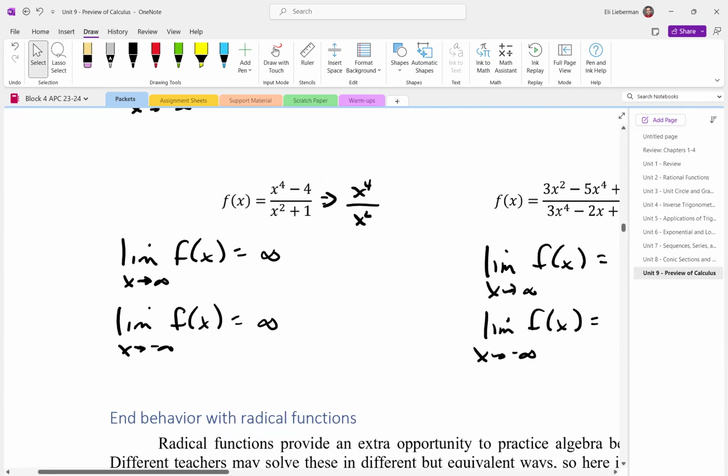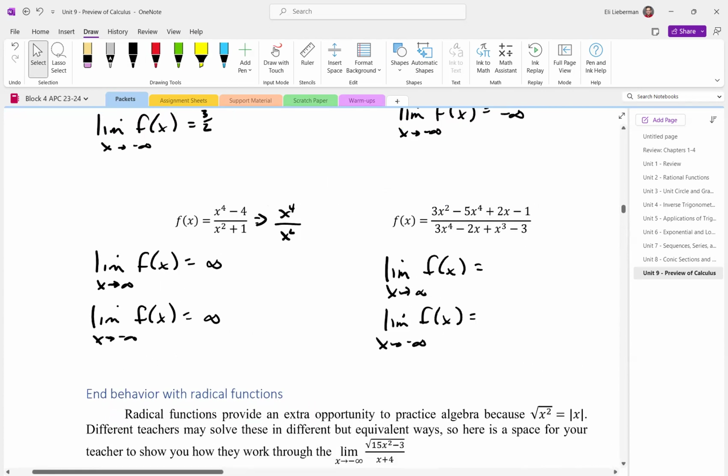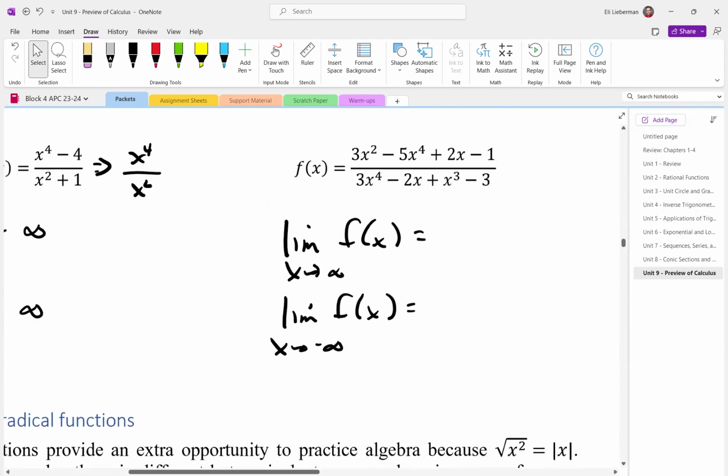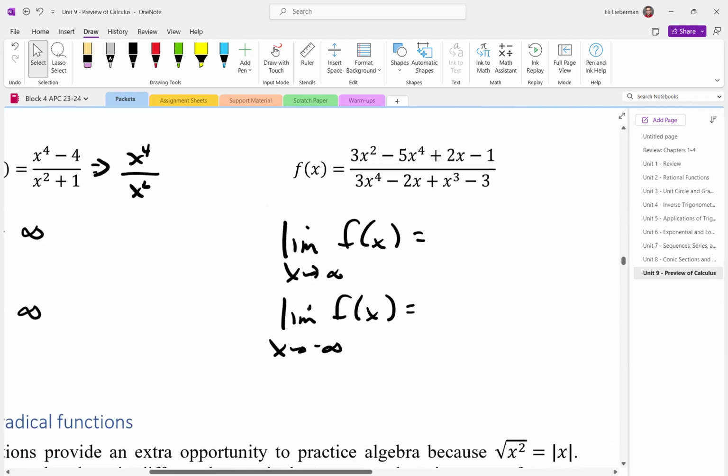Are we good? Did you get this one? Yes. Is it top heavy, bottom heavy, equal? It's equal, isn't it? Which means there is a horizontal asymptote at -5/3.